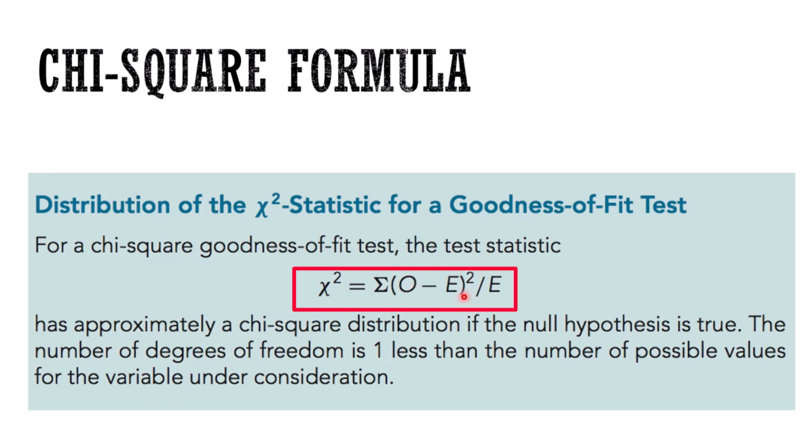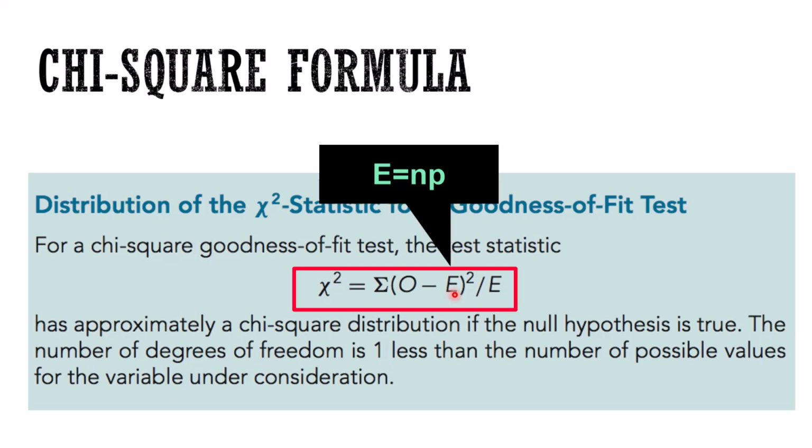Expected frequencies have to be calculated because the past data will be given to you in the form of relative frequencies or proportions. To convert them to frequency values, you will need to use the total sample size and multiply each of the proportions that apply to the different types of variables. E equals N times P, that we discussed previously.